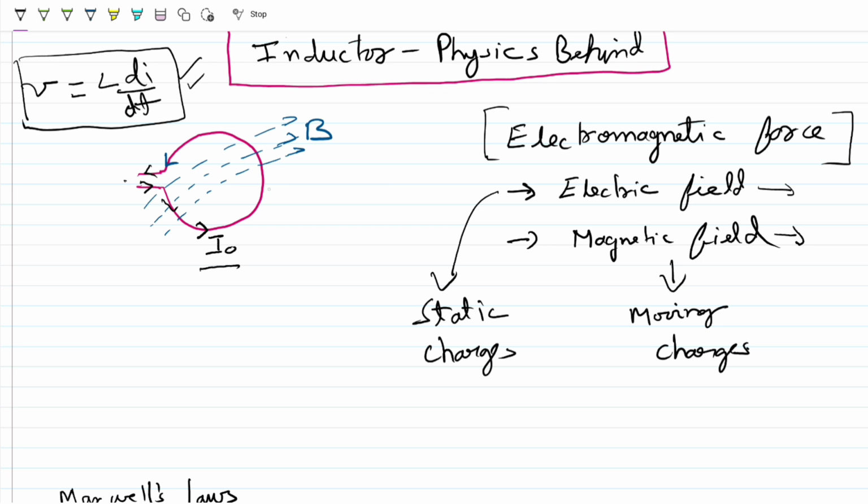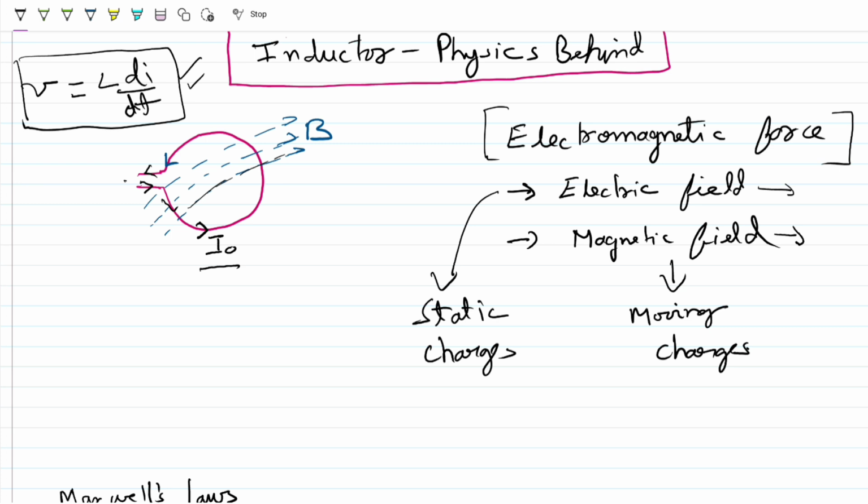From electromagnetics, a moving charge like this also produces a magnetic field, and the direction of this magnetic field, in this case, is through the loop, coming out of the page towards the viewer.